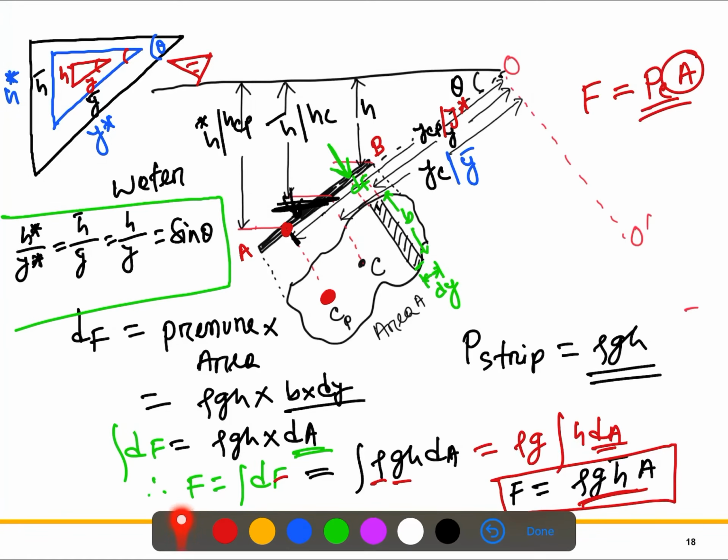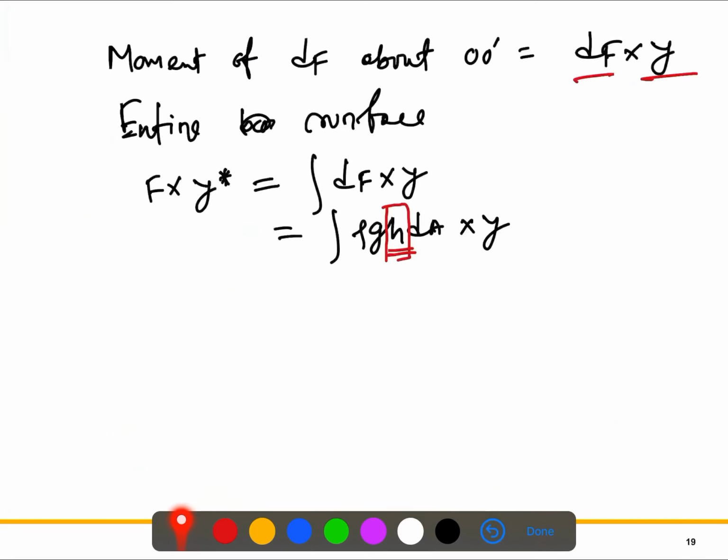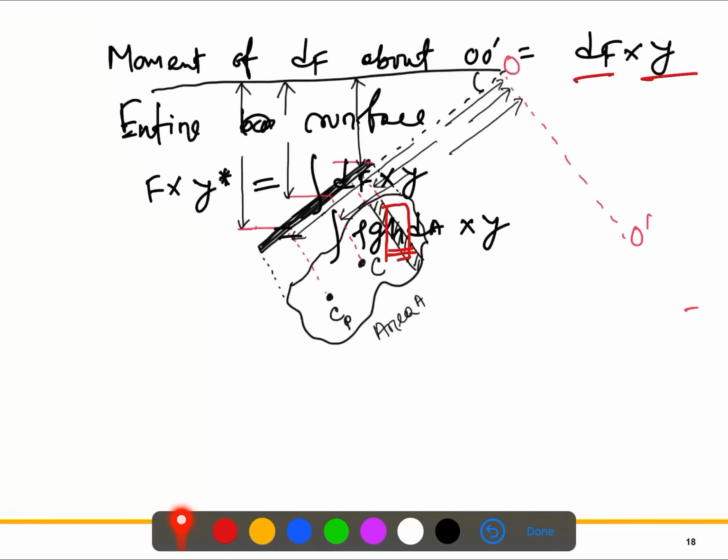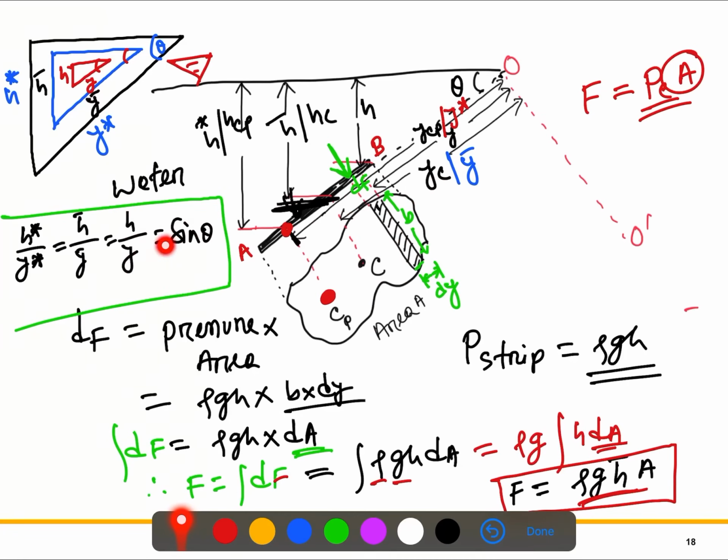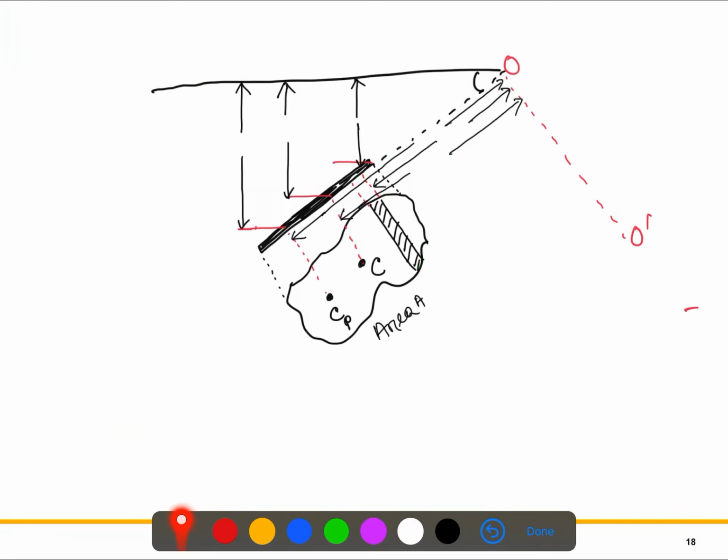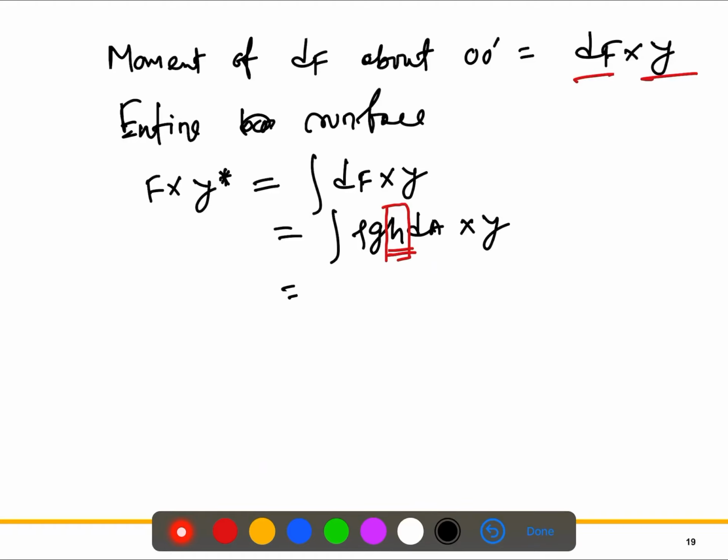I just write it this way, then we can always use it. Here we need the value of h. So what can we write for h? h equals y sine theta. Look here, h over y equals sine theta, so h equals y sine theta. So just substitute the value here.